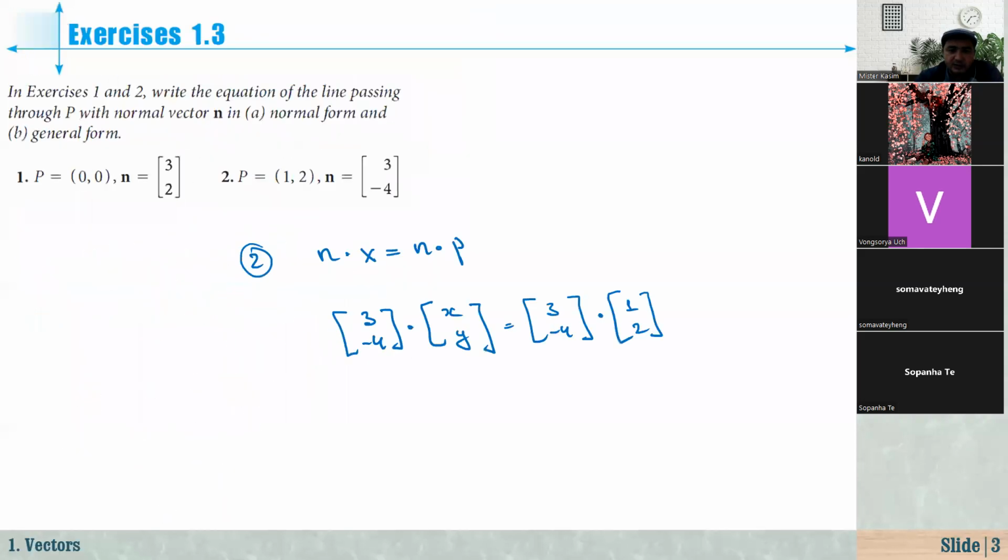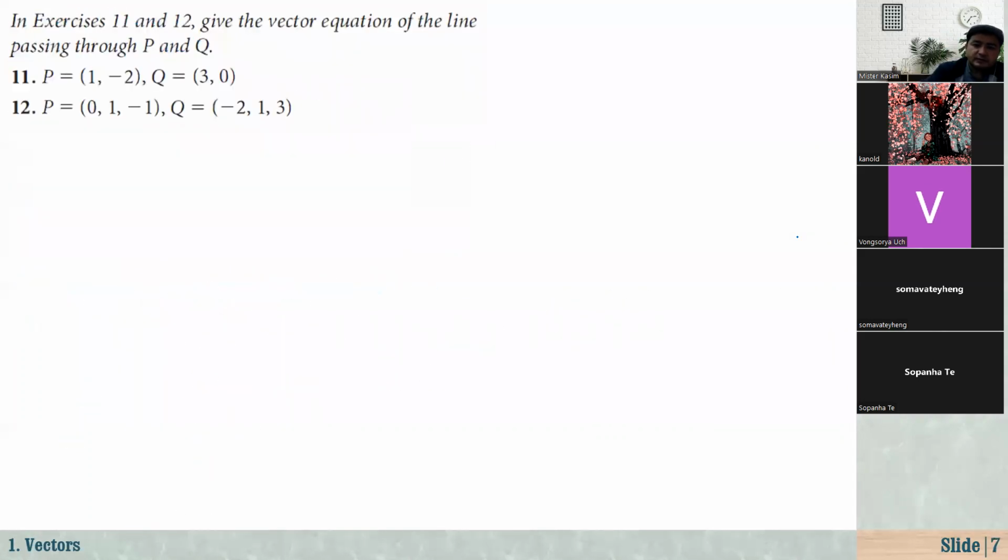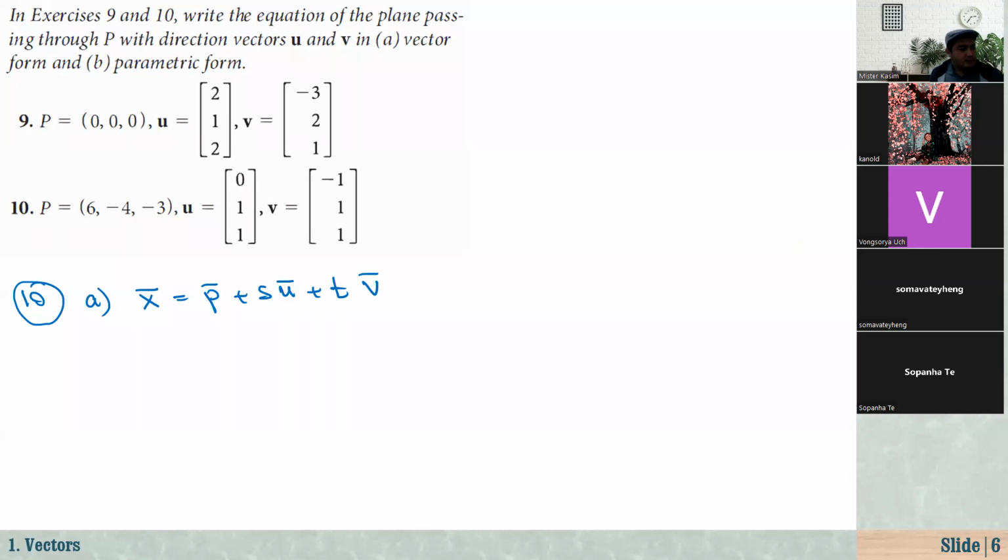And what is the parameter equation of the plane? As we see here, it is the last one, right? This one is the parameter equation. So we have to write this in this form. Okay. So using this one, P is given, U is given, V is given, right?